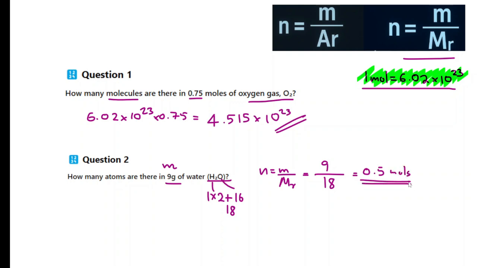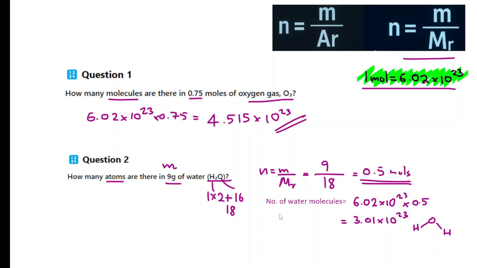Now this question is a little tricky. Let's have a look. 0.5 times the Avogadro's constant, so you get 3.01 times 10 to the power of 23 molecules of water, H2O. Now what's the question? How many atoms are there? One molecule of water has 3 atoms: 1, 2, 3.